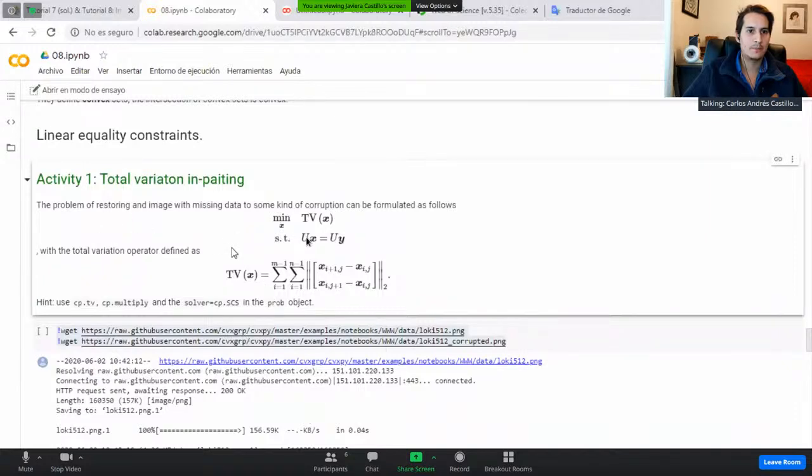Subject to, U times x is equal to U times y. So you need to do that, and as you can see, you have a multiplication of that matrix U and your vector x, and you want it to be equal to that matrix U multiplied by your other vector y, that is your data. And the hint says that you need to use the cp.multiply function. So try to write that.